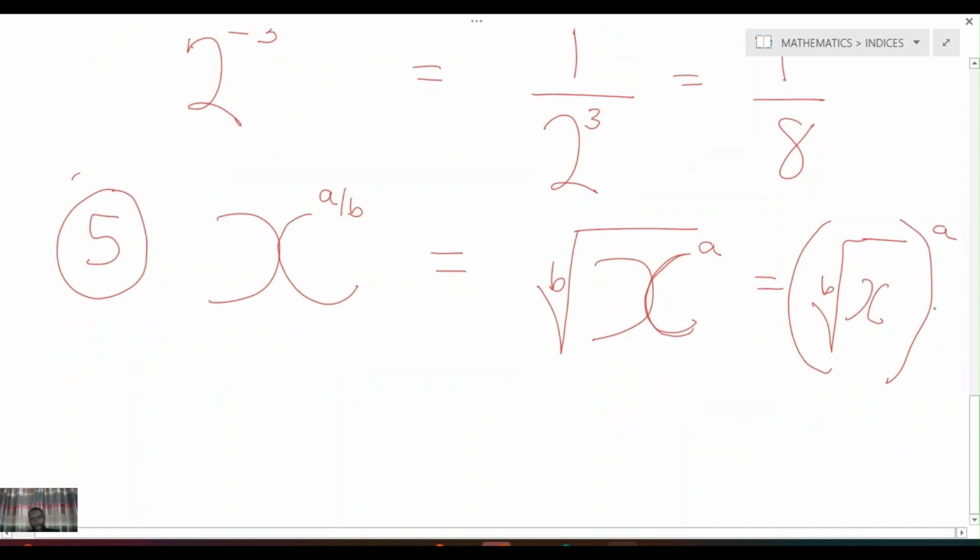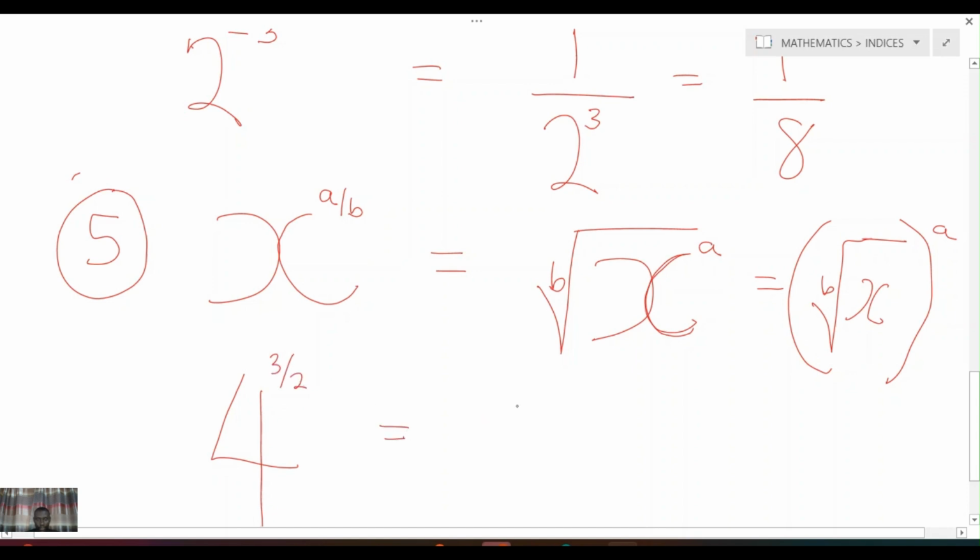Let's look at an example. Let me use another number to make it easy for us to understand. Let's say 4 raised to power 3 all over 2.